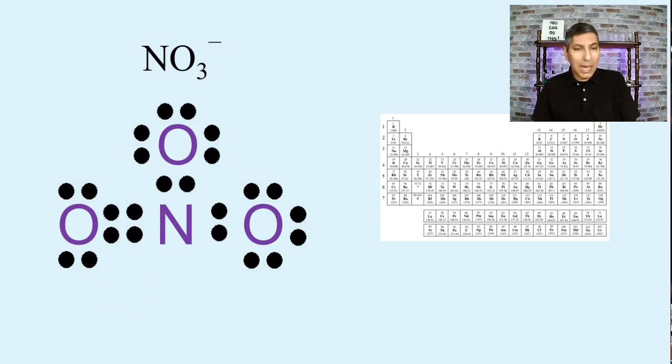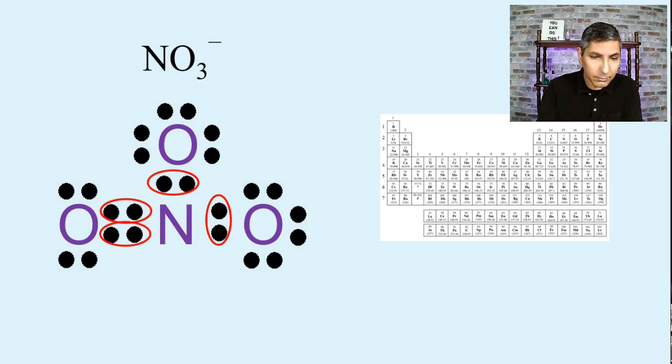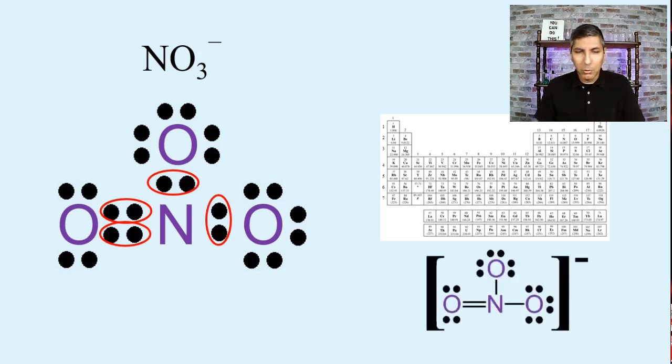So now we can start counting up the bonds. It looks like we have a double bond and we have 2 single bonds. So a double bond here on the left side, and then we have 2 single bonds over there. So when I draw the Lewis electron-dot diagram for the nitrate ion, I'm going to draw it like this, with the 1 double bond and the 2 single bonds.